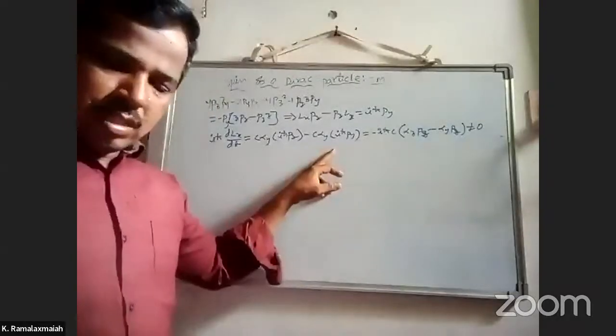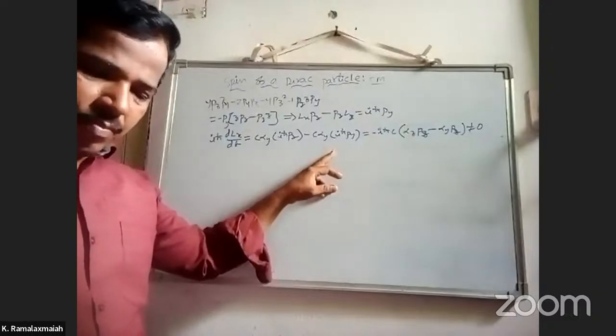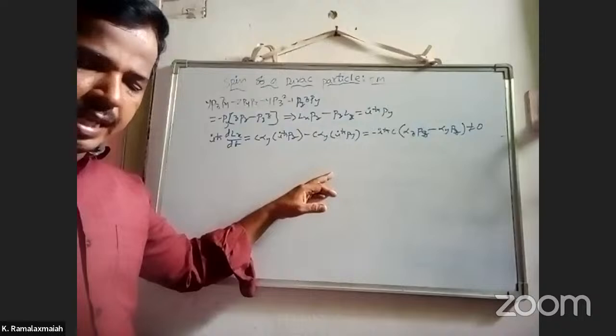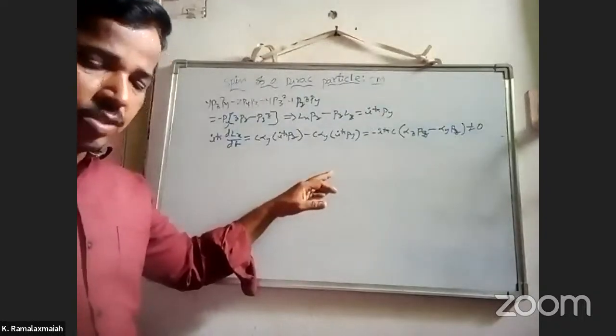You observe this formula. This equation, all of you observe. Which equation? This one, 25.38, the third equation above. That you observe.